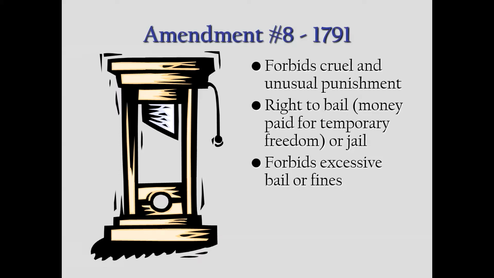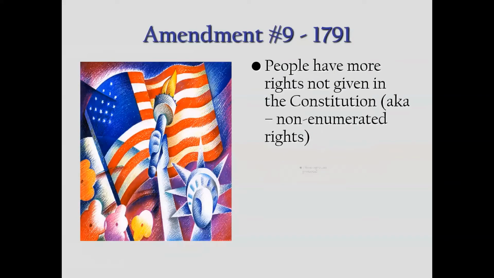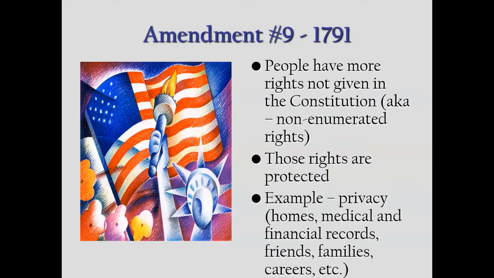The Ninth and final amendment that we're going to cover for this section of notes up there is that people have more rights not given to them in the Constitution. These are known as the non-enumerated, meaning they're not spelled out rights. And so this was kind of a blanket statement to say that citizens' rights extend beyond specifically what's laid out in the Constitution.